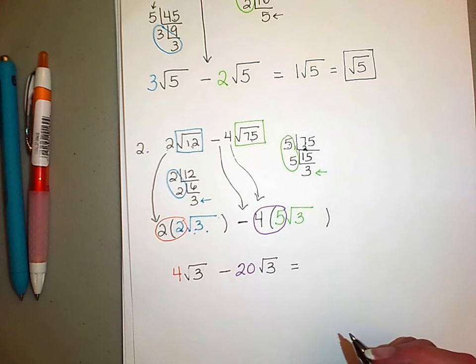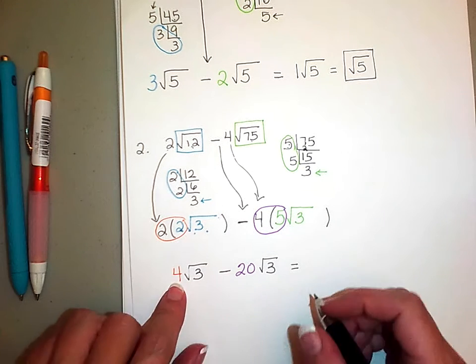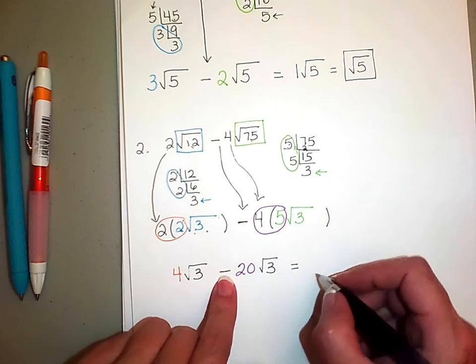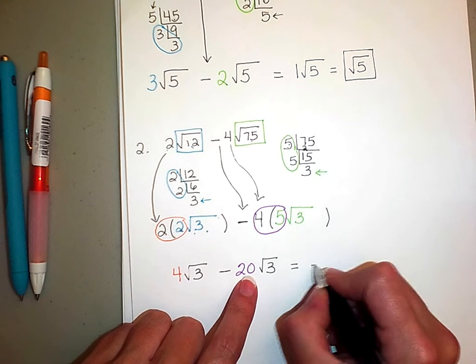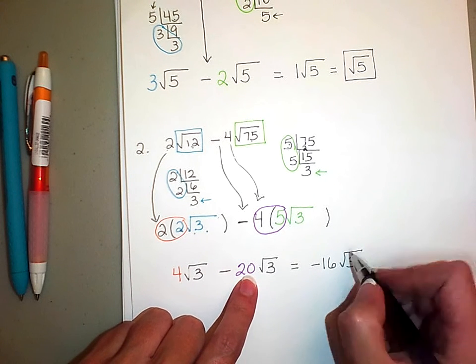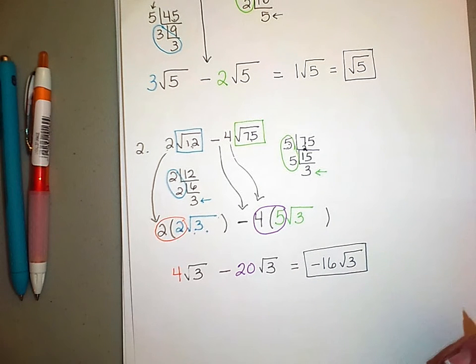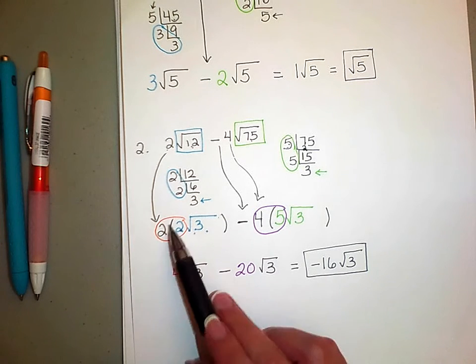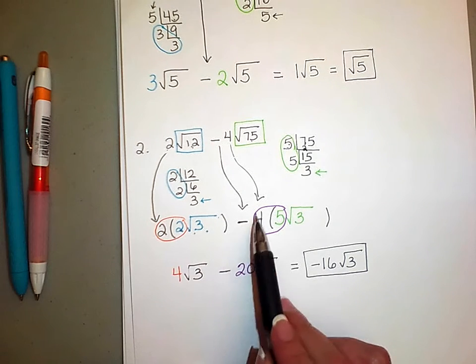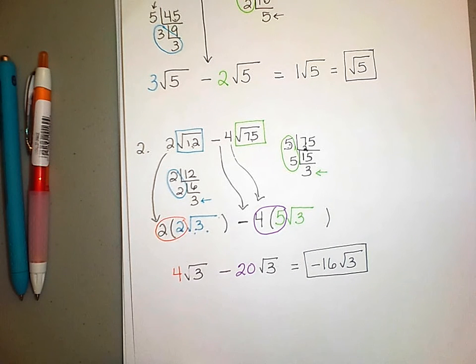Now we have like radicals, the square root of 3. So if I have 4 square roots of 3, and I take away 20 square roots of 3, I have negative 16 square roots of 3. So this is going to take good note keeping and good bookkeeping to keep us clear about what we're doing.